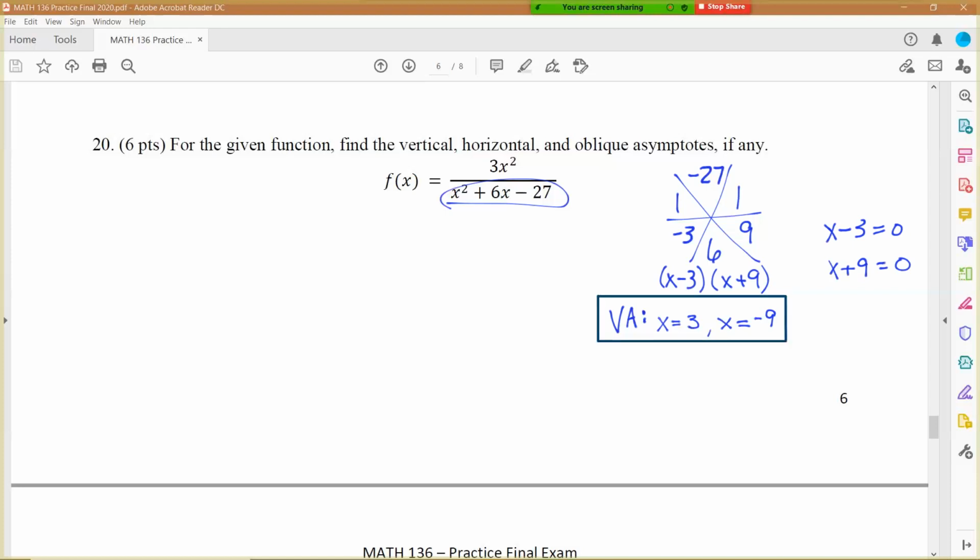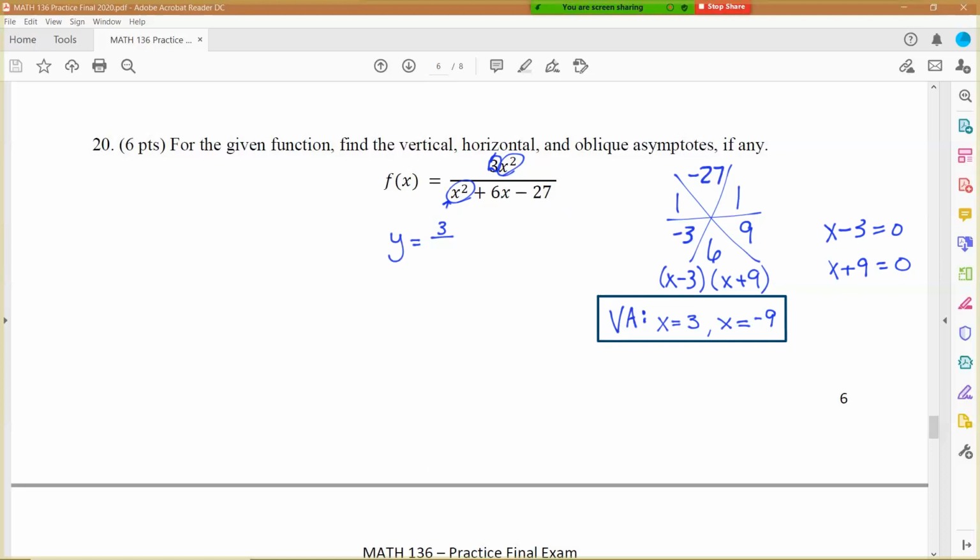The next thing we're asked to find is horizontal. Remember that anytime your exponents are equal, they're x squared and x squared, one on top, one on bottom, you set your coefficients as a fraction. So coefficient on the top is this 3. What's the coefficient down here? What number is sitting in front of x squared? 1.